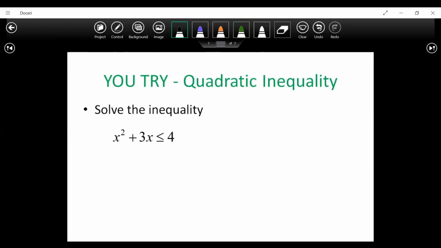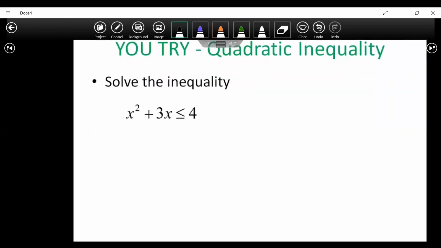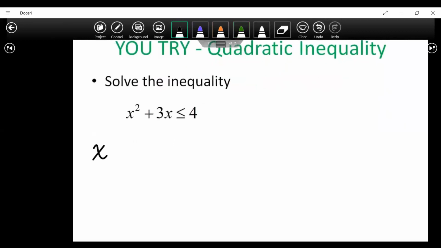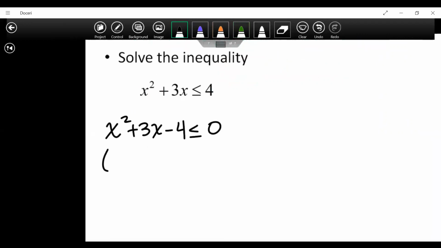My first step is to do what? Everything on the left-hand side. What are our factors?